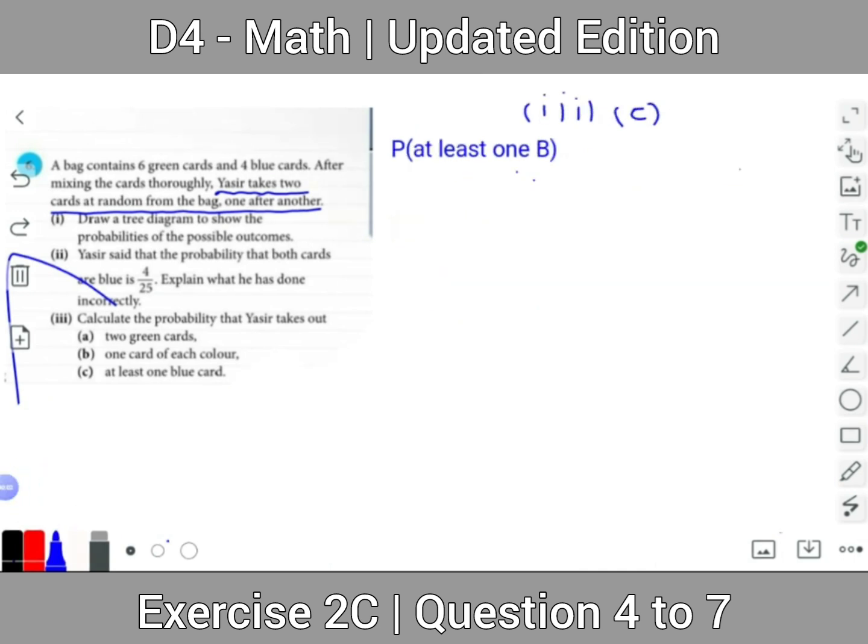Now in subpart C, calculate the probability that Yasser takes out at least 1 blue card. So it can easily be found by subtracting the probability of both green cards from 1.